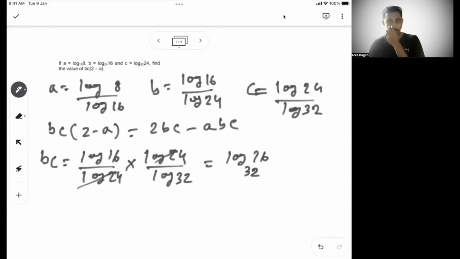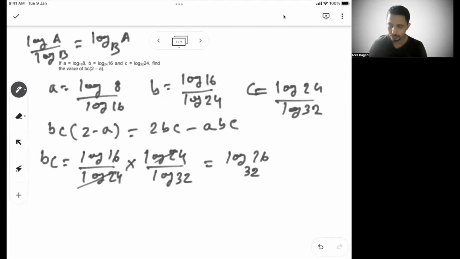Log 16 by log 32 is the same as log 16 base 32. So log of A by log of B is the same as log of A base B. So this is log 16 base 32.